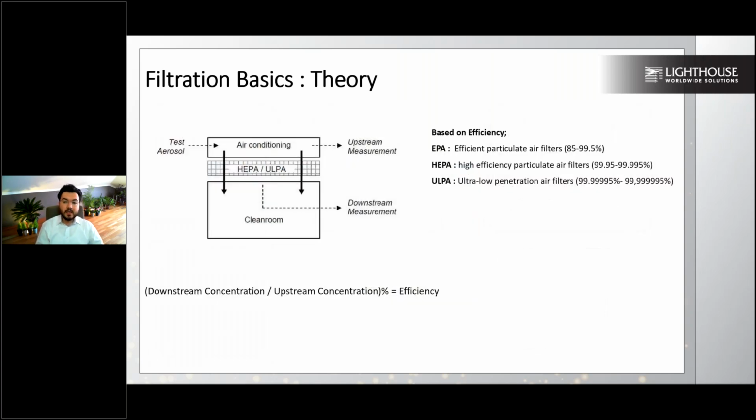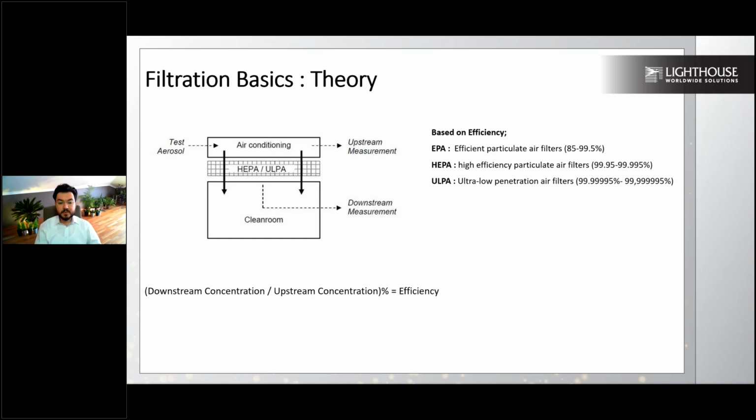The main idea behind efficiency: all filter classifications are based on the efficiency of your filter. So the main idea here is you are sending an aerosol on upstream, which is the inlet side of your filter, and you are collecting all the downstream particles underneath, on the cleanroom side or the clean area side of the filter.